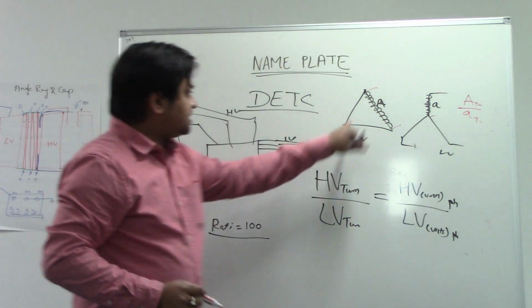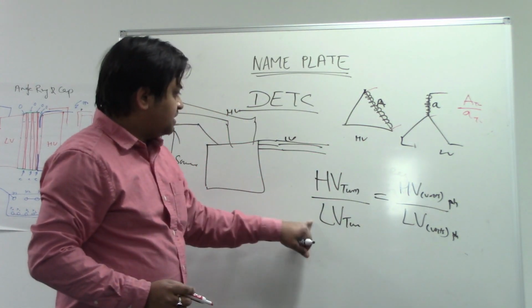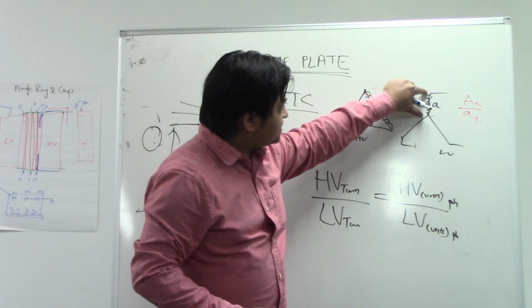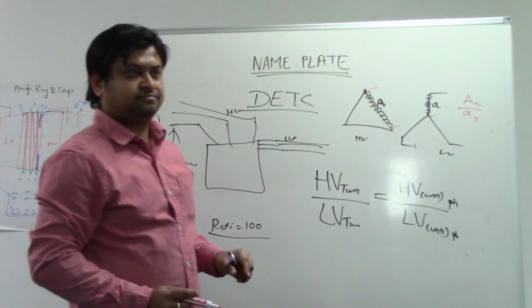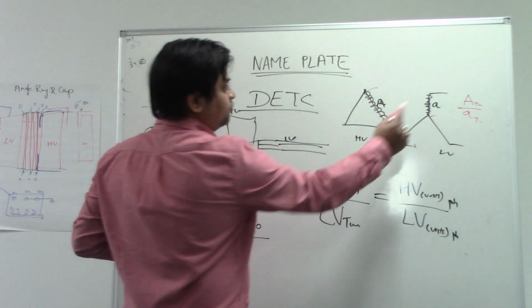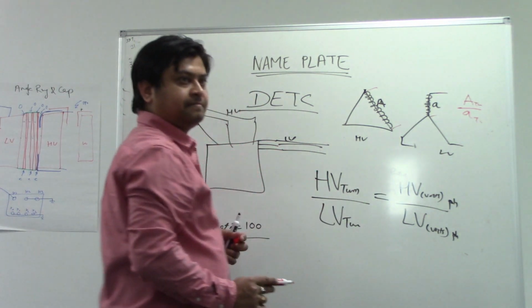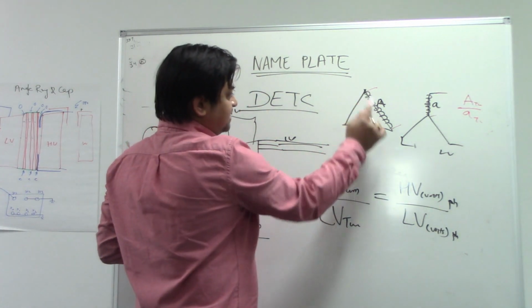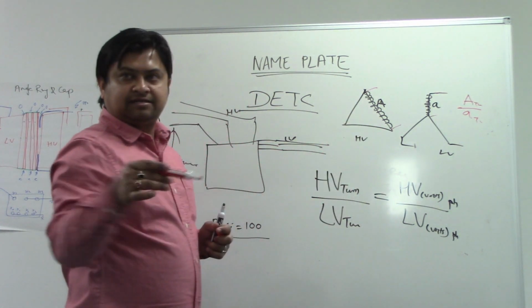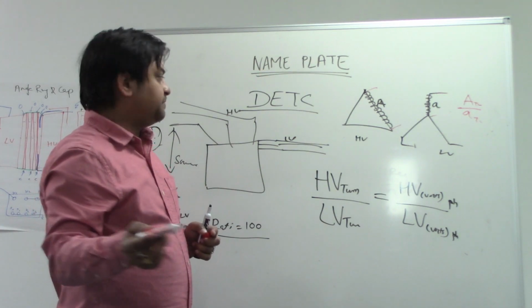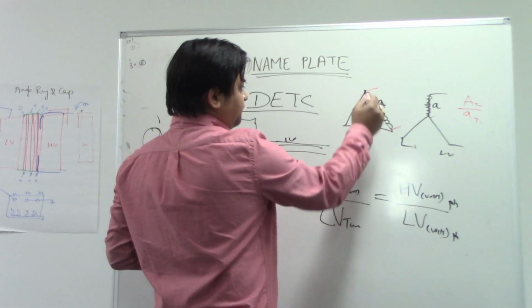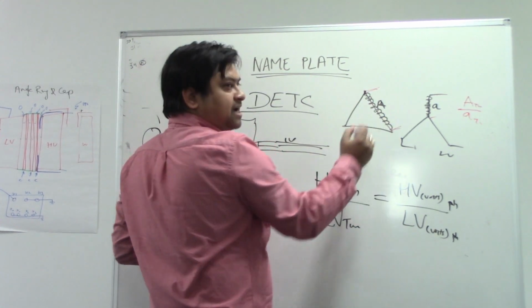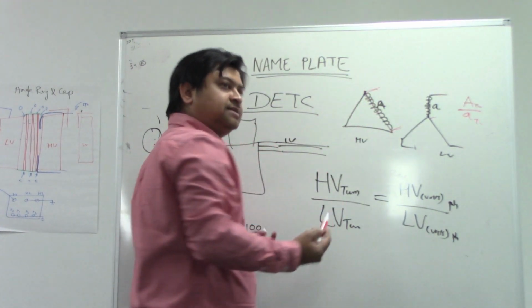So now this turn ratio and this turn will develop what? This turn will develop phase voltage. Because your line voltage is from line to line. Here your line voltage is line to line. In previous training, we saw that for delta the phase voltage and line voltage is same, right?